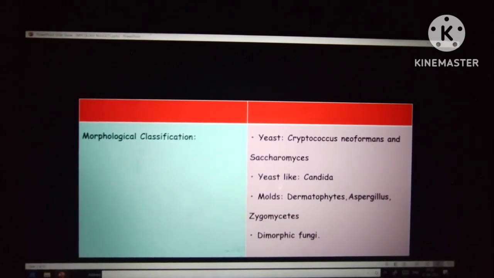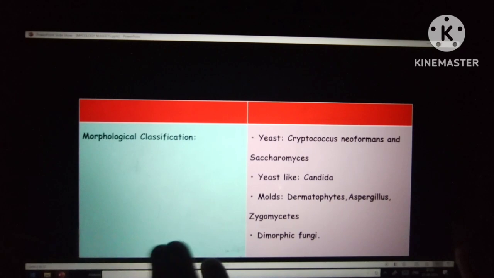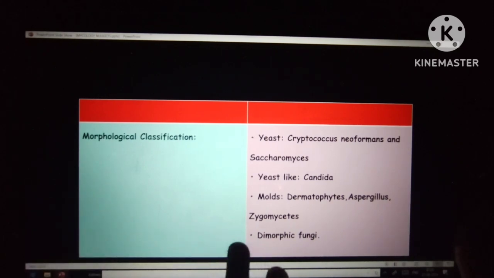Yeast-like is Candida, and molds are dermatophytes, Aspergillus, and the Zygomycetes. So these are the morphological classification. They can ask, among the following, which is a yeast-like fungus. So you want to remember each and every point in this classification.